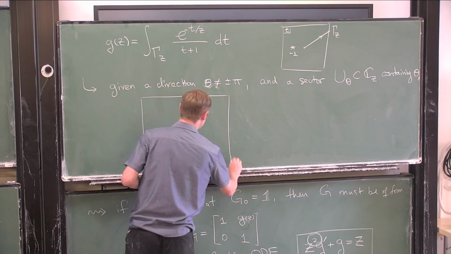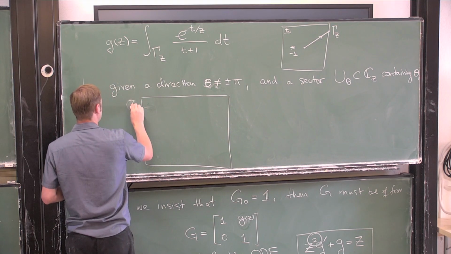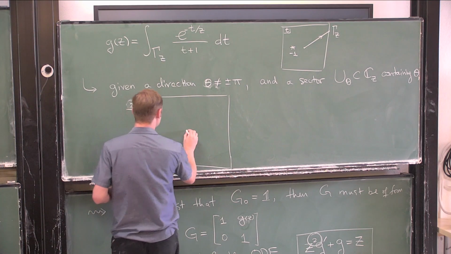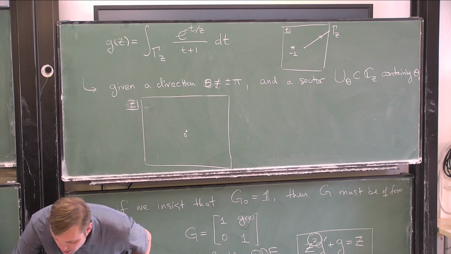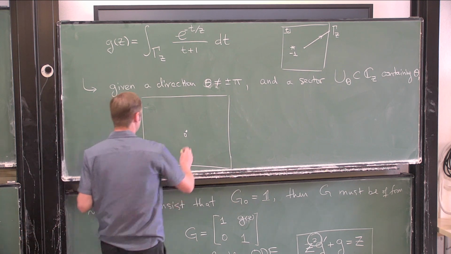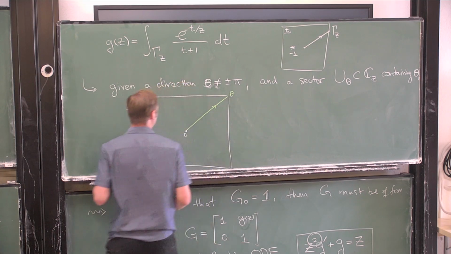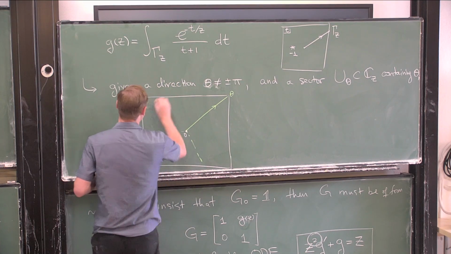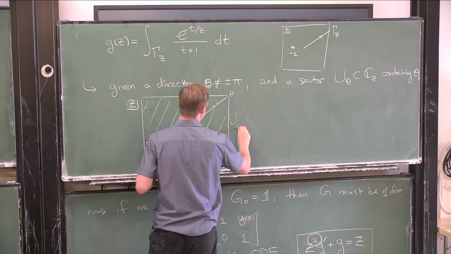So let's imagine this is my z plane, and here's my origin, and I'm giving this direction theta, and let's say some kind of sector like this. Let's say this is my U theta.